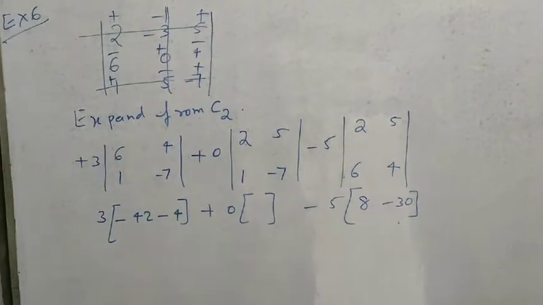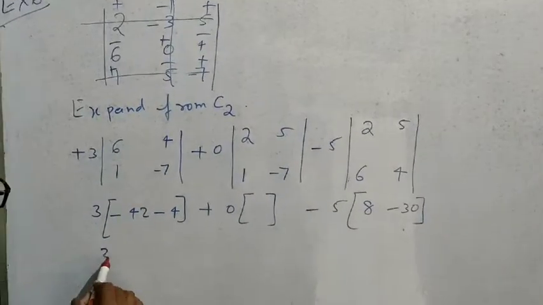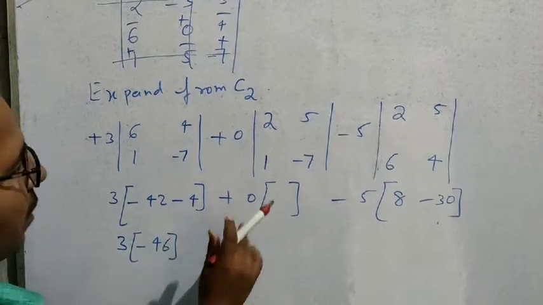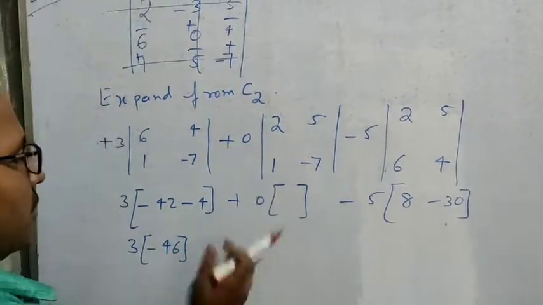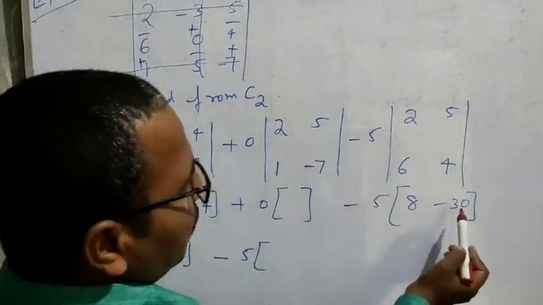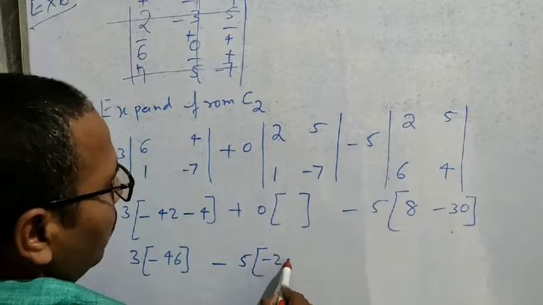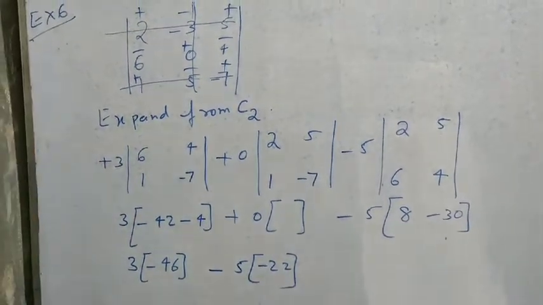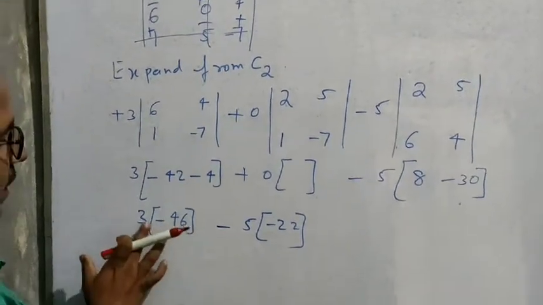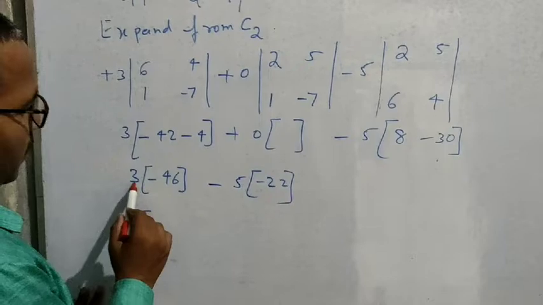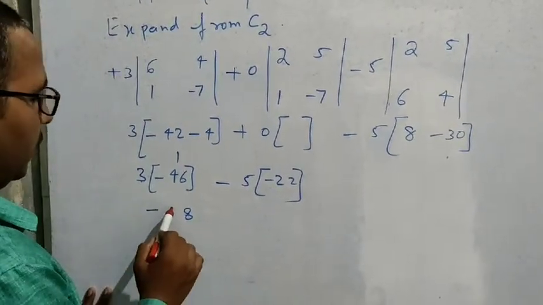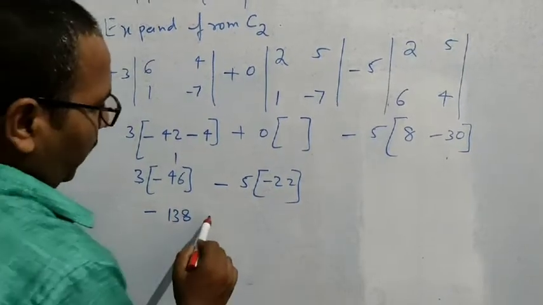Now students, just do the multiplications and solve it. How much do you get here? Minus 46. Whatever we have got in this determinant, multiply with 0, that means 0. Then minus 5 and solve this one: how much do we get? Minus 22. Now do the multiplications. Minus 46 into 3: 6 times 3 is 18, carry 1, 4 times 3 is 12 and 1 is 13, so minus 138.